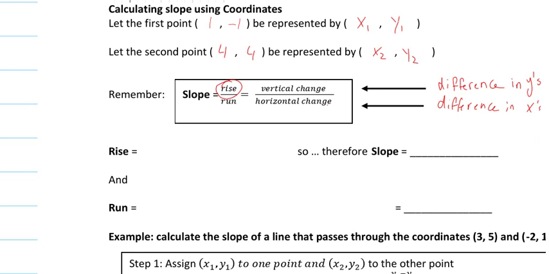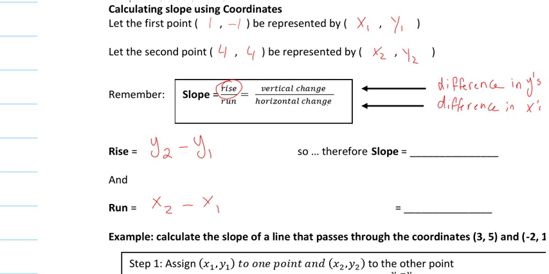So that means for the rise, instead of writing rise, I'm going to write y2 minus y1 because I'm subtracting the y's. The run is going to be x2 minus x1. That's correct.